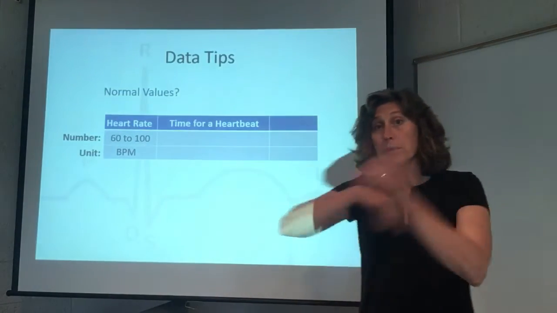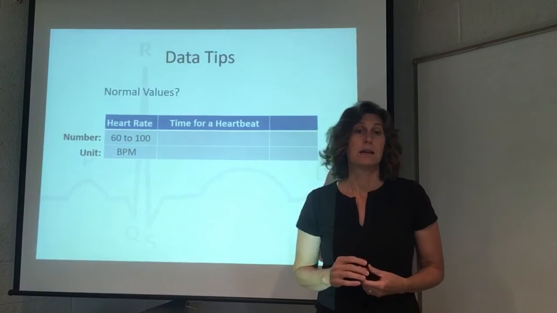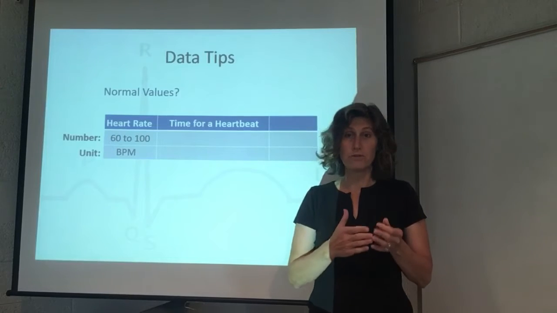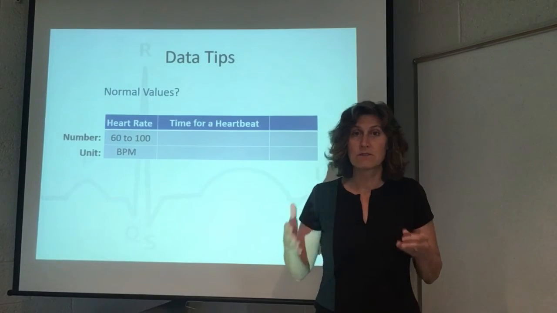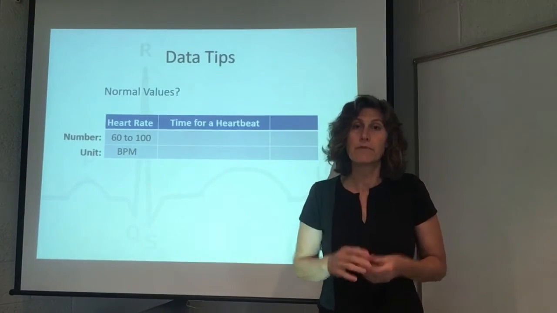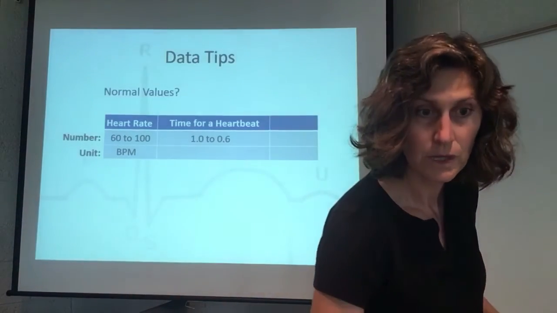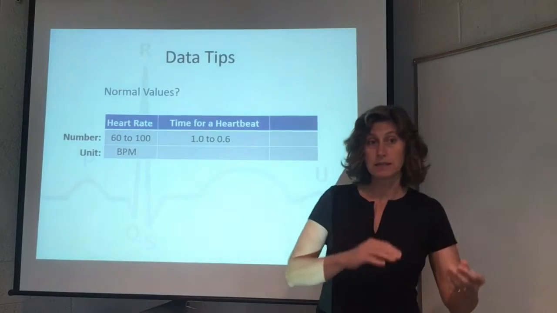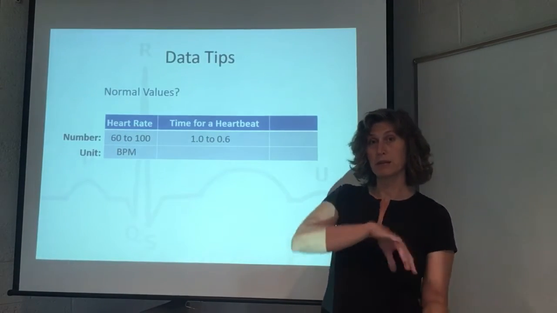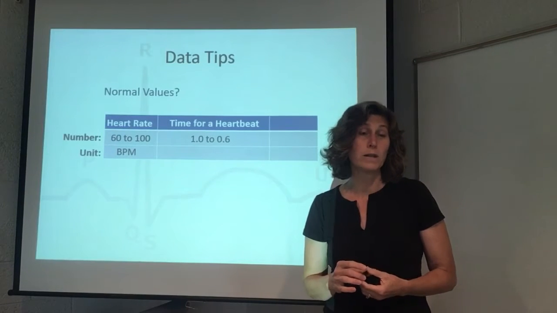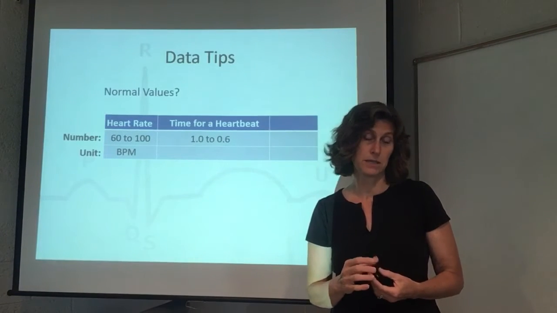Now, if you flip that around, you can ask, how much time does it take between beats for one full cardiac cycle? That's a fancy word for heartbeat. Time for a heartbeat, between one heartbeat to the next. So at 60 to 100 beats per minute, if you flip that the other way around, it would be about 1 second for a heartbeat at 60.